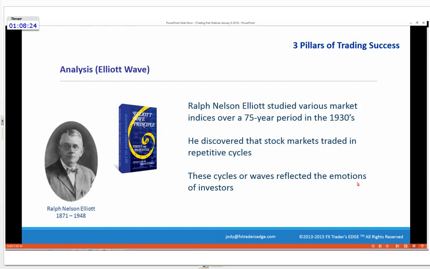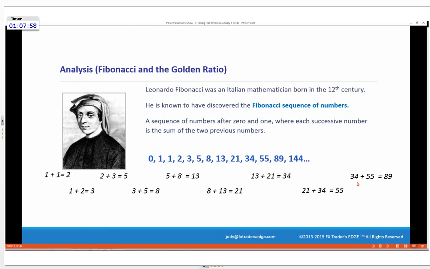So let's just spend a little bit more time talking about Elliott wave analysis and Ralph Nelson Elliott. He's a very interesting guy. He studied various market indices over a 75-year period in the 1930s. While he was bedridden, actually, he pored over thousands of stock market data, and that was before computers, and he discovered that the stock markets traded in repetitive cycles, and that these cycles or waves reflected the emotions of investors at the time.